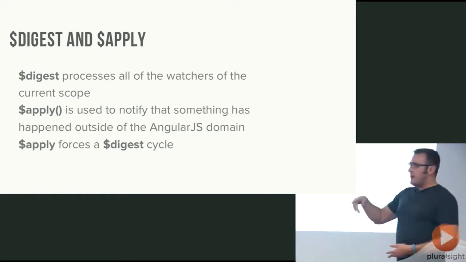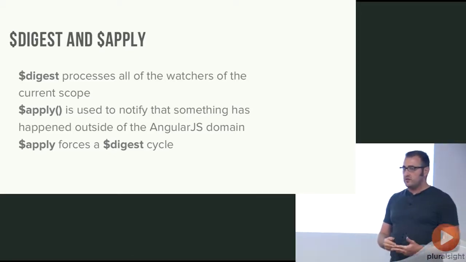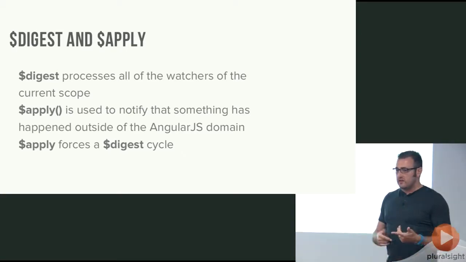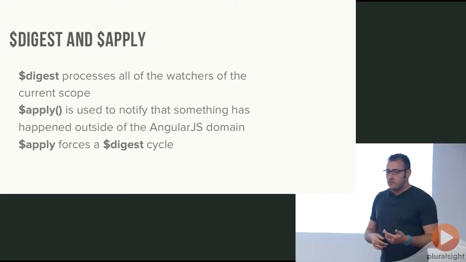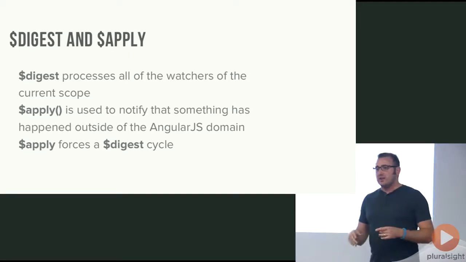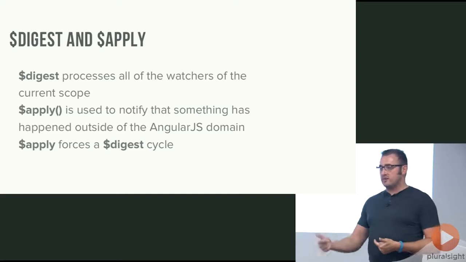There are times where things will happen outside of the AngularJS scope. So if you are using a jQuery plugin and it modifies some value, the Angular application perimeter is not going to know about that. So what you can do is manually kick off that digest cycle using apply.